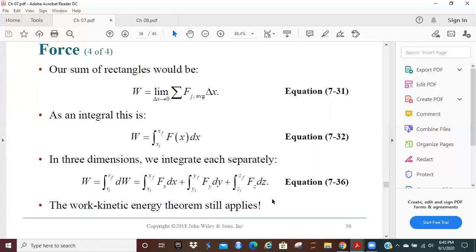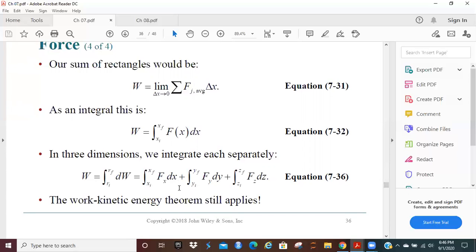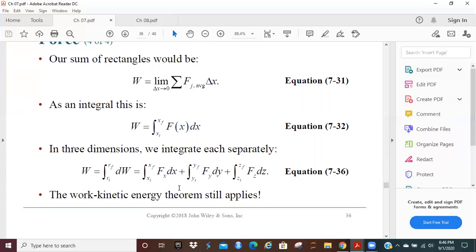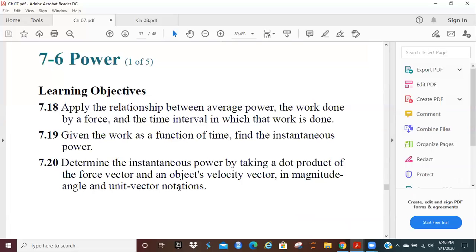Yes, we just did parts. Okay. The integral of u dv is equal to uv minus the integral of v du. If that doesn't sound familiar, it will. So the work and kinetic energy theorem here still applies.